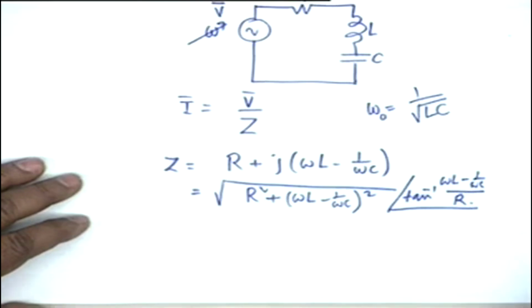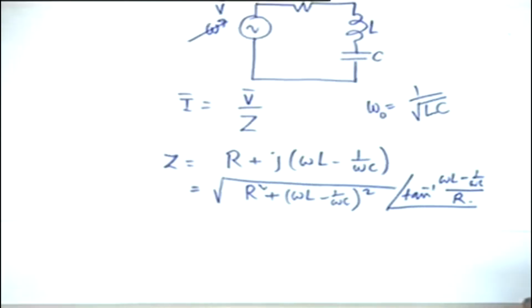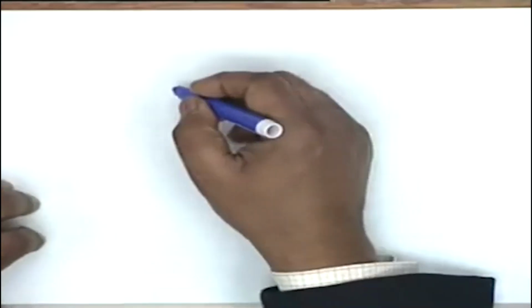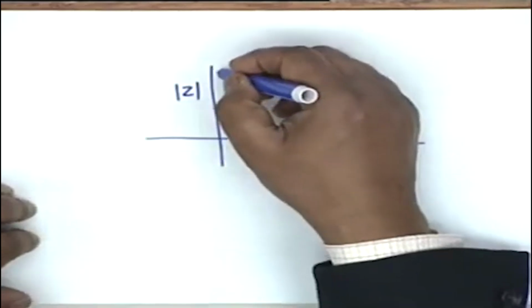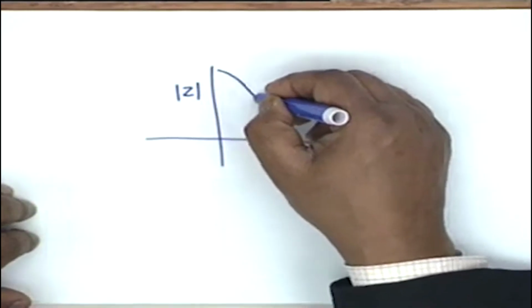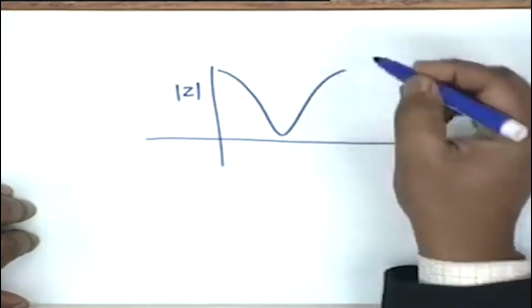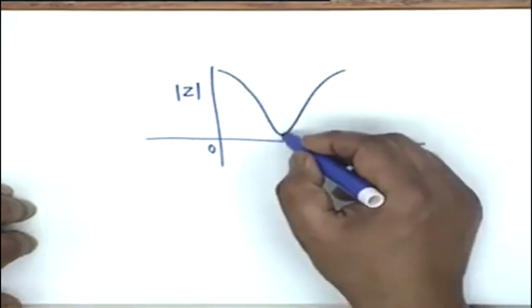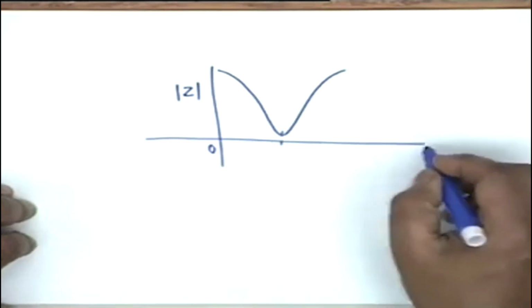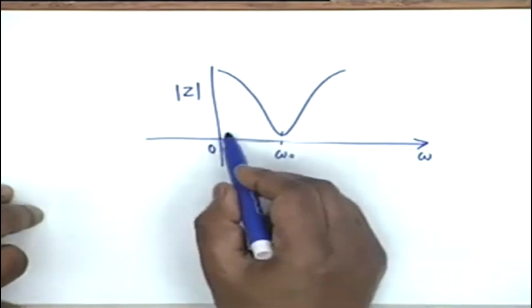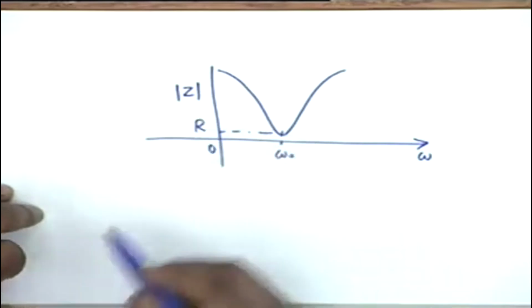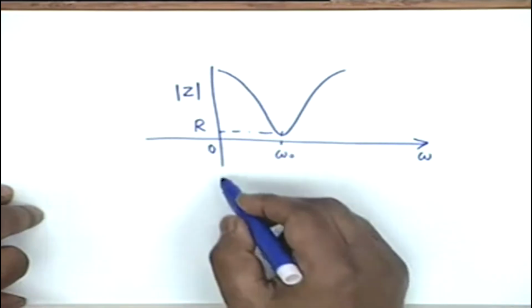And therefore, if I draw a plot of the magnitude and phase, the magnitude goes like this. It starts from infinity, goes towards infinity, and attains a minimum value of capital R at omega equal to omega 0.